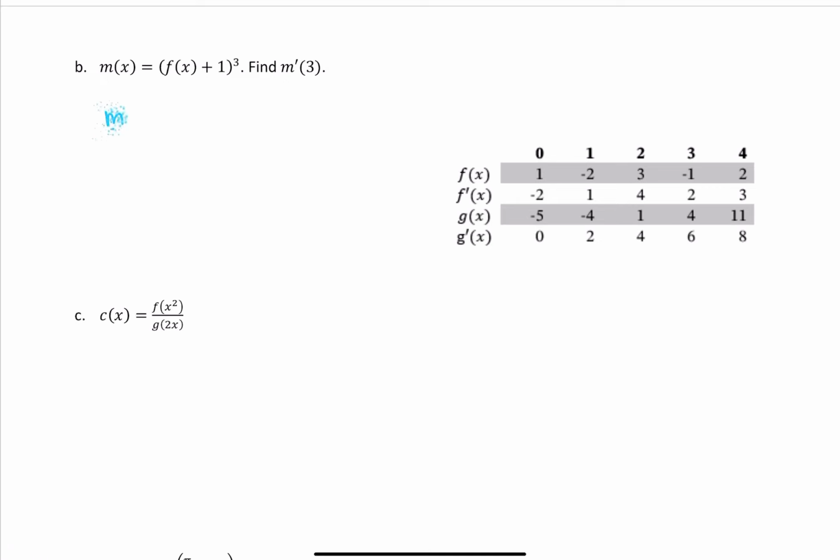So m prime of x is going to equal 3 times f of x plus 1, squared. That's the derivative of the outside part, the thing cubed. But then we also need to multiply by the derivative of the inside.